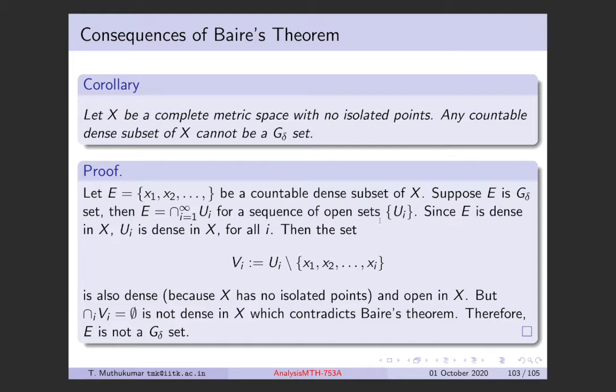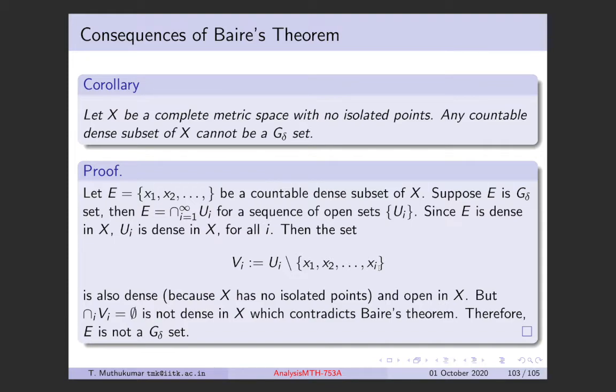Since E is dense, because it's a countable dense set, each U_i is also dense, right? Again, by the Baire category theorem. So U_i is dense for all i. Then the set V_i, which is U_i with the point x_i removed.